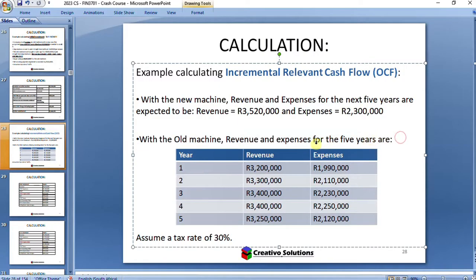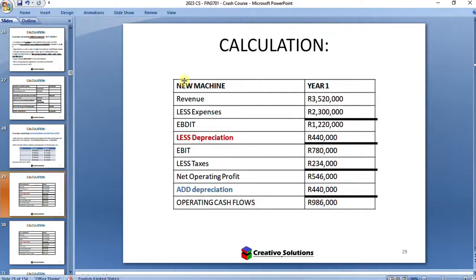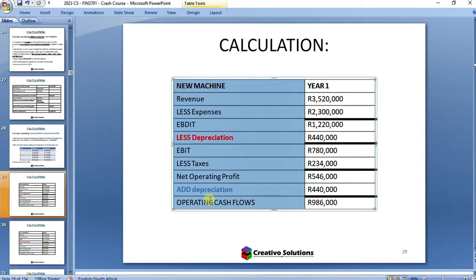All you have to do is draw up the cash flows for all the years, right? And you can use a table for that. If I was in Excel, I would draw up a table. If you're doing it in the exam and you're writing this down, just draw a table, or you can do it separately. It's up to you. But make sure you've got these headings here on the left.